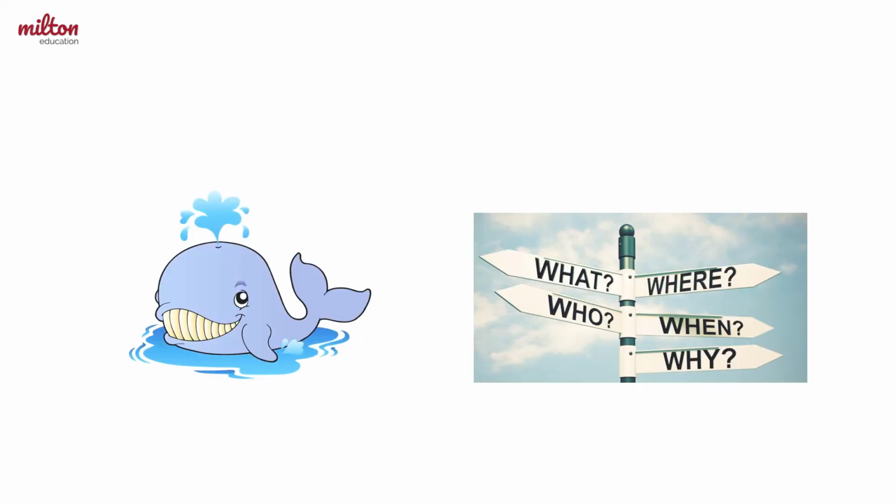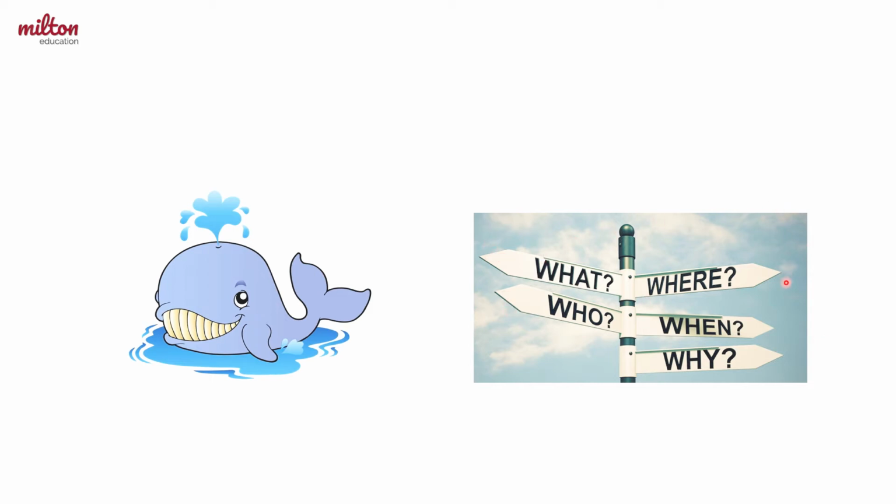Let's look at some other words that you know. What's this? A whale. And what letter do you think is silent in the word whale? What's the first sound that you hear? W. A. L. Well, let's look at these words and try and figure out what the silent letter might be. What?